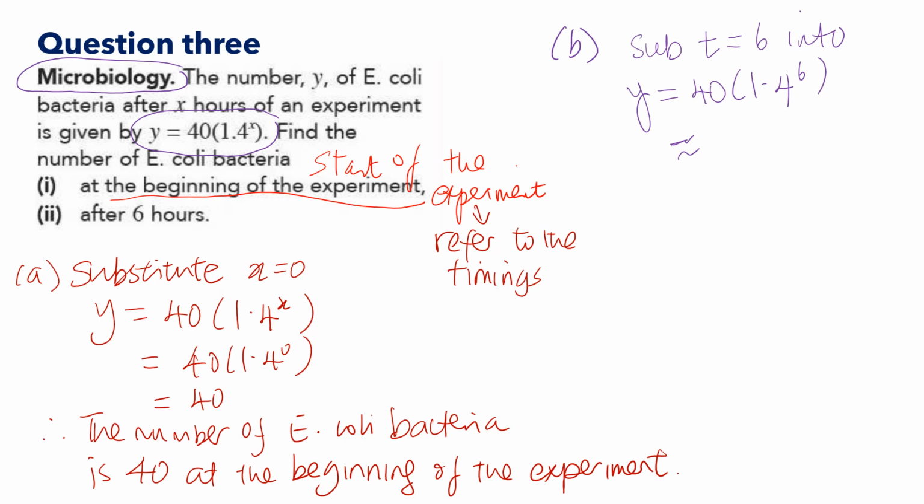We're just going to use a calculator to evaluate the value. 40 times 1.4 to the power of 6 gives 301.181, and so on. We're going to round it to 3 significant figures, that will be 301. So therefore the number of bacteria is 301.